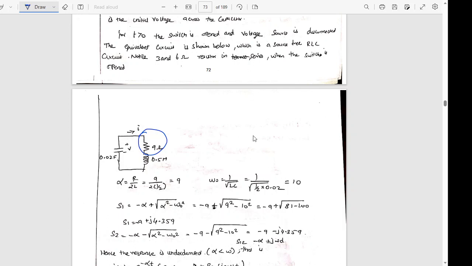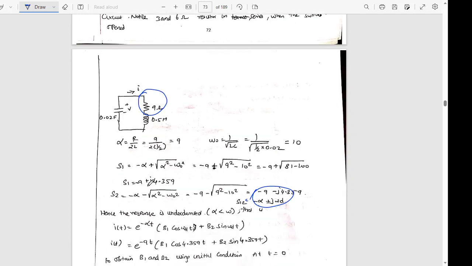So now it is in this form, minus alpha plus or minus j omega d. So what is omega d? Omega d is 4.359, and alpha is equal to 9.